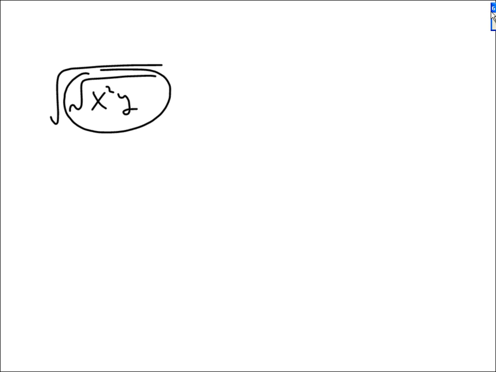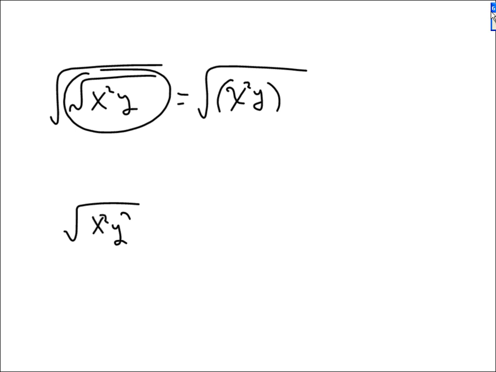Suppose you have this problem. The square root of x squared y, the square root of that. Well, let's figure out what this is first, and then we'll take the square root of it. Well, that's x squared y to the, let me write it down here, square root of x squared y. This power not being here is 1, and this number not being here is 2, so it's to the 1/2. So you have x squared y to the 1/2.